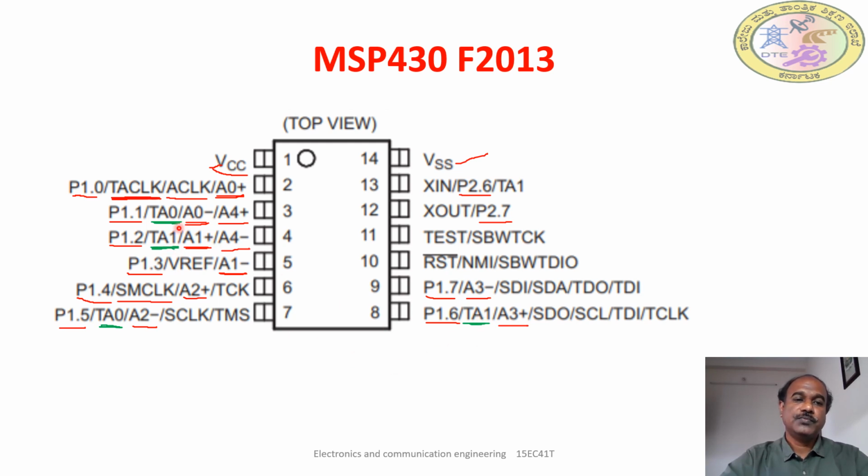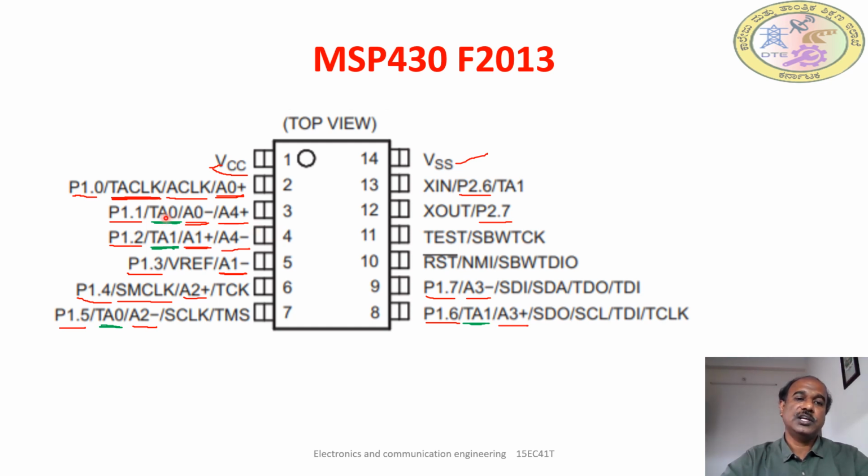What is the importance of giving it here also and here also? The same functionality is given twice. Here this TA0 can be used as either input or output. Input means capture input, output means the compare output is available on this pin.